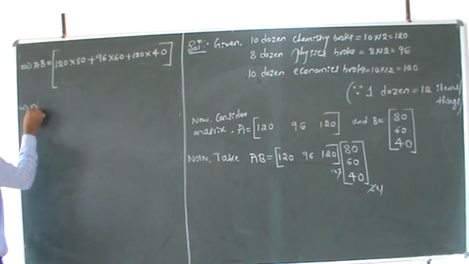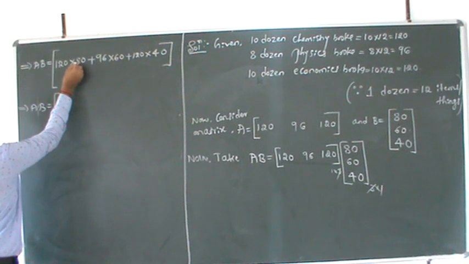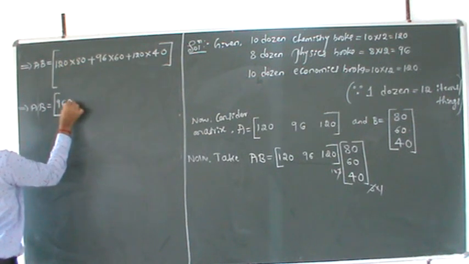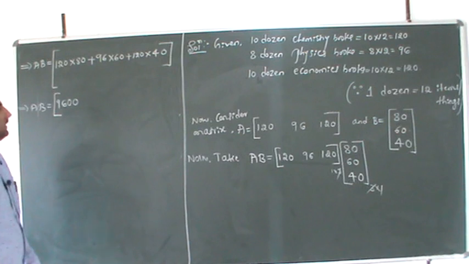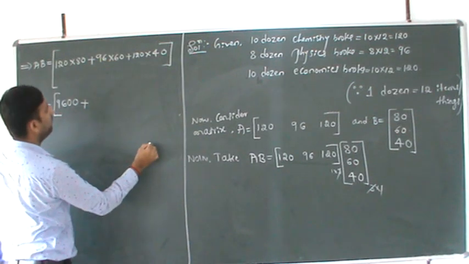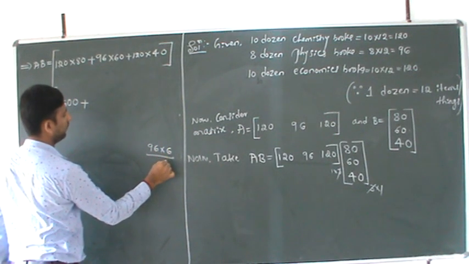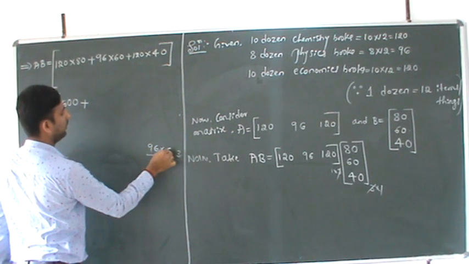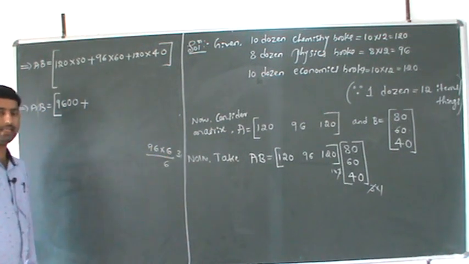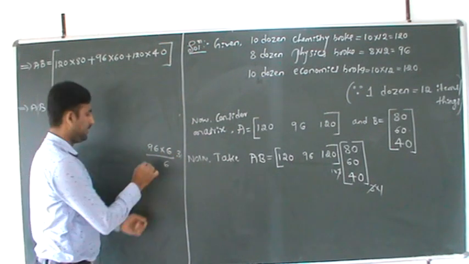Which value will be AB? 120, 12 into 8, 96. I mean 96. 12 into 8, 96. Double zero. Correct? 9600 plus. Once you multiply 96 into 6, 6 6 36, 9 6 54, 54 plus 3, 57.